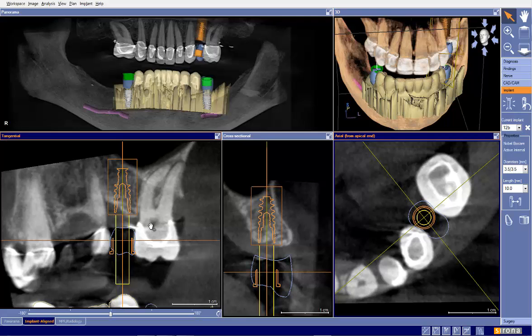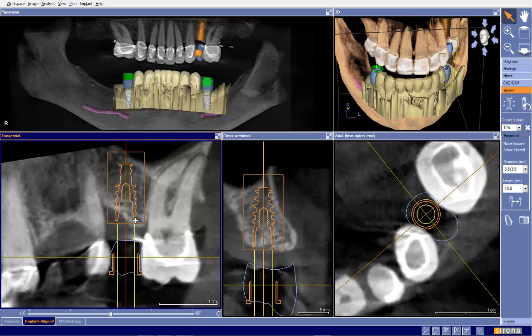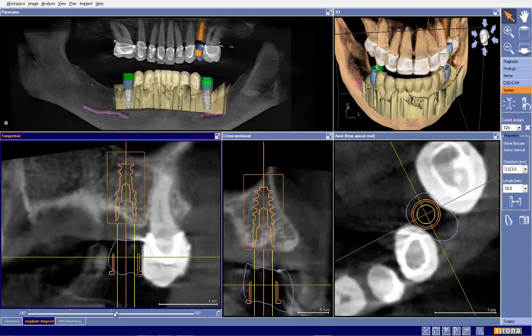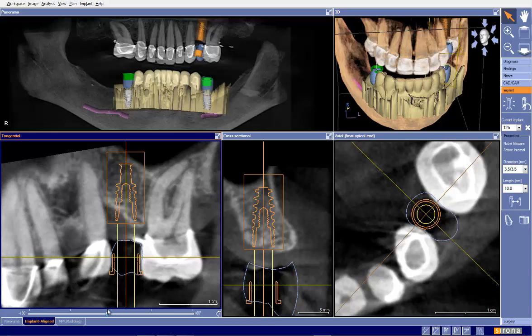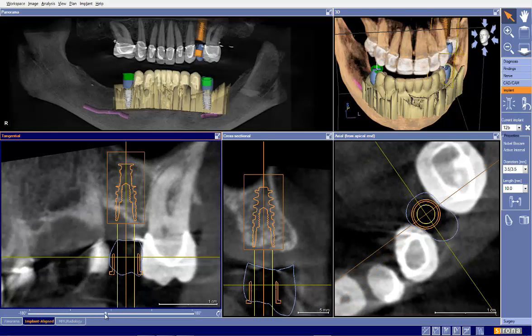So that's one concern. And honestly, my bigger concern is this vertical bone defect that we see on the distal of the canine. I'm concerned about it. That typically means that there's some type of active periodontal issue going on here. I don't know the attachment situation or the perioprobe readings in this situation.